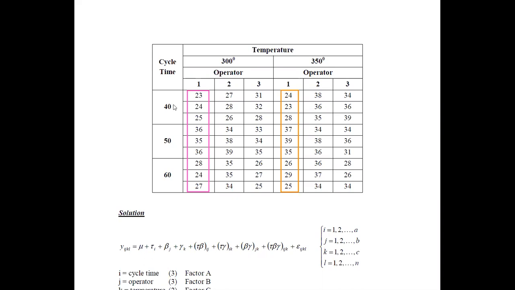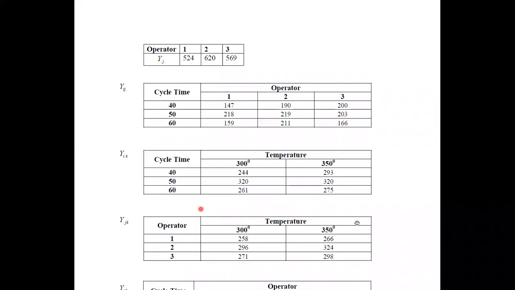Thereafter, we can take the summation for operator 2 with 300, and operator 2 with 350. Thereafter, operator 3 with 300, like that, operator 3 with 350. Therefore, these are the 6 values that we can simply obtain for the table that I have shown here.